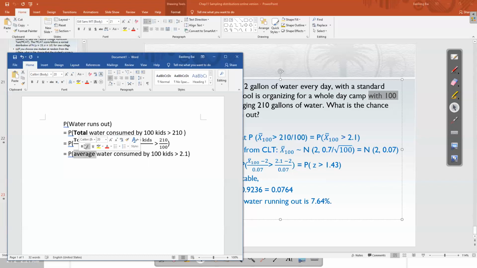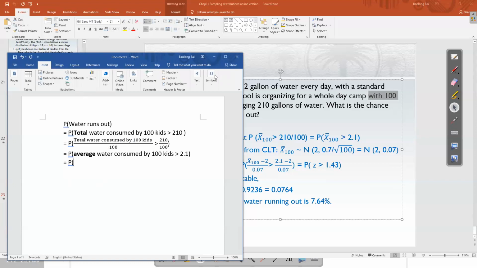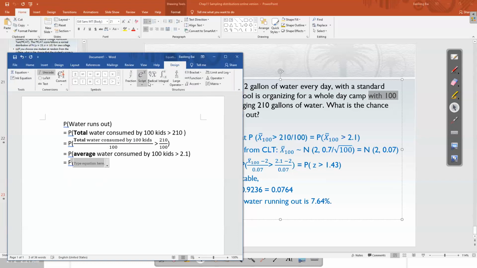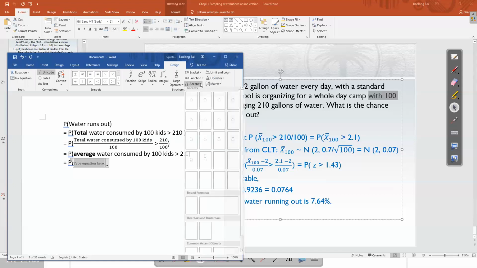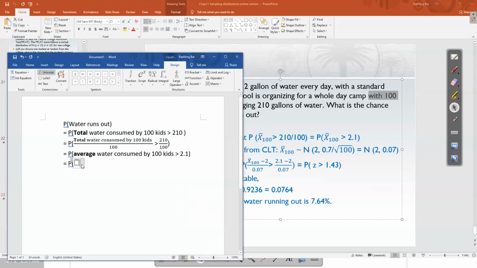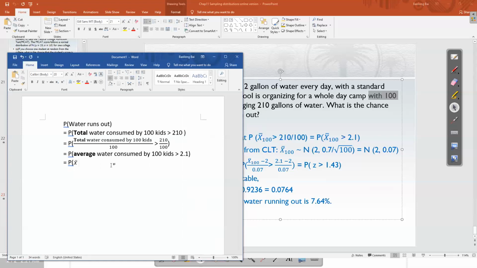So now this is the average water by the sample. Sample average. So now it becomes sample mean X bar greater than 2.1.